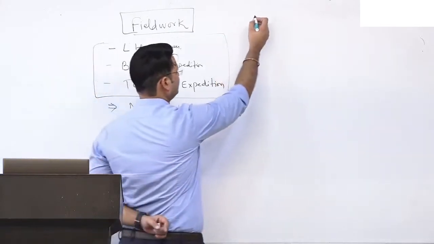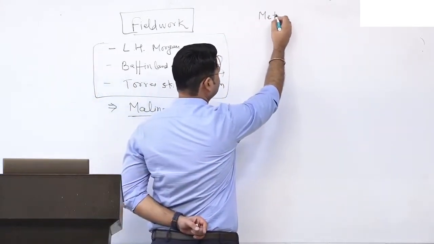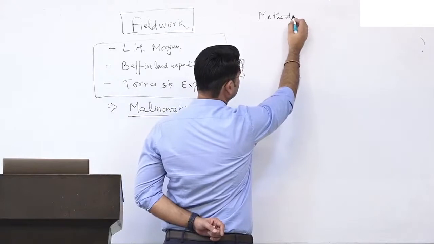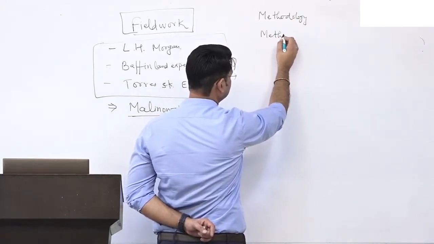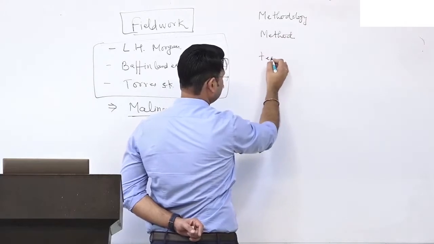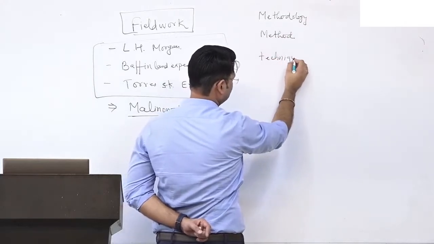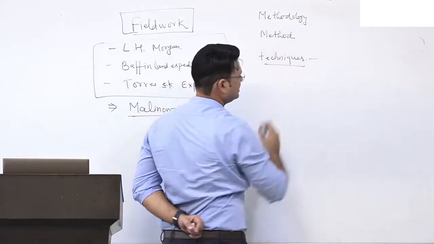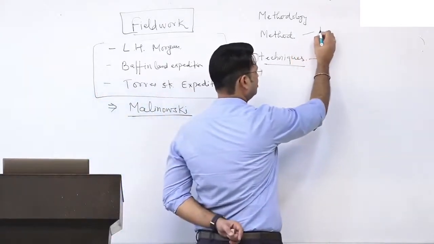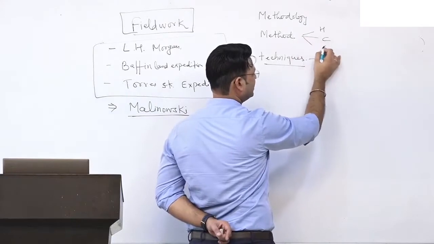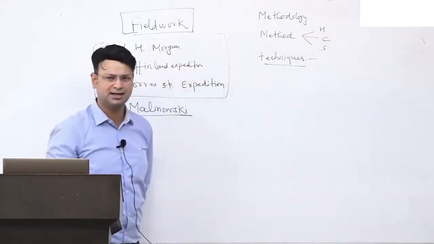Then the other thing is methodology, method and techniques. Most of the techniques, their merits and demerits, you have memorized. Methods like the historical method, comparative method, and scientific method, you have memorized their uses.